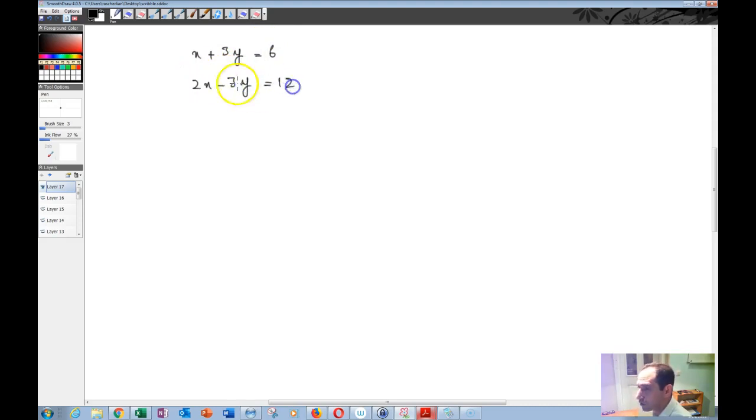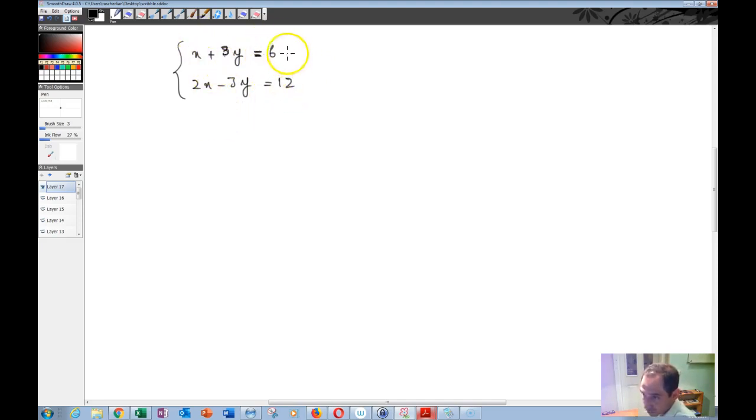Well, you can write them in general form, but you can also not do that, because you see that in this equation 6 has been taken to the other side of the equation. In this equation 12 has also been taken to the other side of the equation. So basically that means that they have changed signs together.